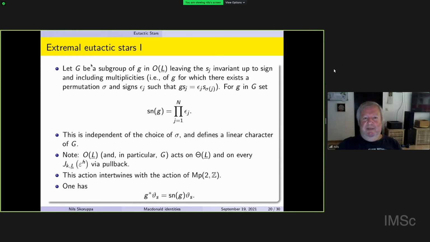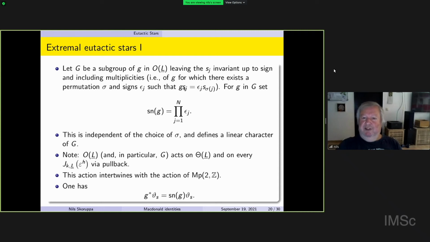So what we do is we take a subgroup G of O(L) which leaves the Sj invariant up to sign, right? So that might happen. Maybe it doesn't happen, but maybe it happens for some eutactic star. And I will give examples in a moment. And if we have something like that, so a subgroup G in O(L) which leaves invariant this eutactic star up to sign, so permutes the elements of the eutactic star up to sign, then we can set the sign of g in the subgroup G, where we take this epsilon j, so the signs which come in when we permute, right?